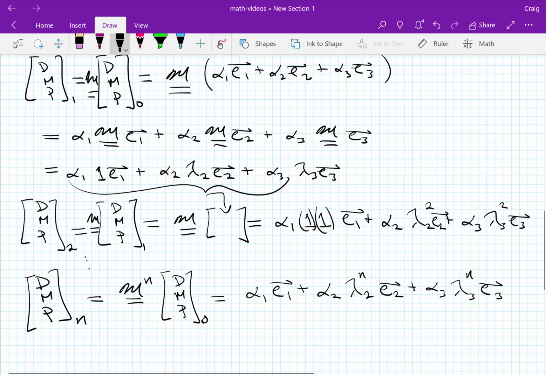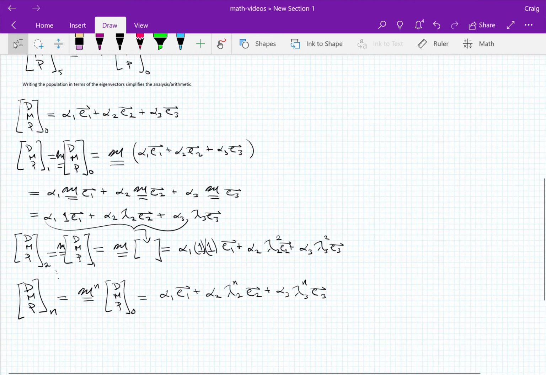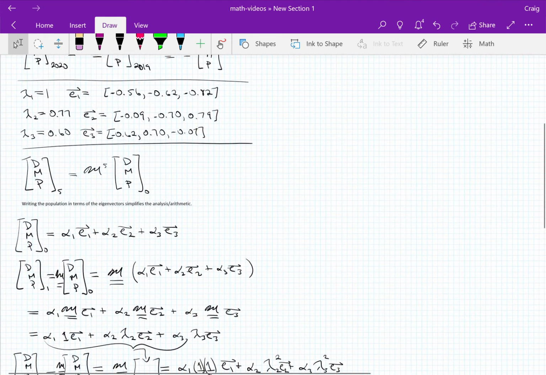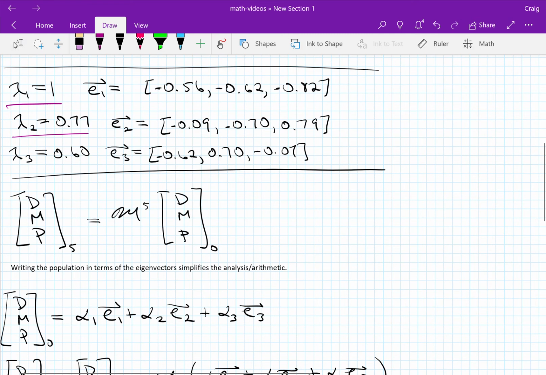Okay, now let's go back and look at our example of the Delaware, Maryland, Pennsylvania populations. If we look at the eigenvalues, lambda 1 is 1, lambda 2 is 0.77, and lambda 3 is 0.6. And so notice those are all less than 1 except for lambda 1.